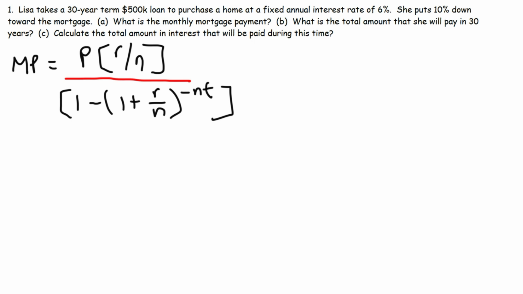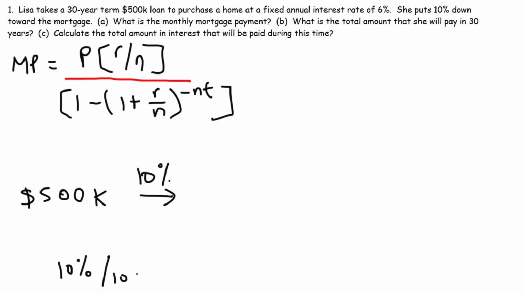Now, what is the principal? Normally the principal would be the 500K loan, but that's not going to be the starting balance because she puts 10% down. So first, we need to find out what is 10% of 500K. To find 10% of anything, simply move the decimal 1 unit to the left, or you could multiply 500K by 0.10. 10% as a decimal is 10 divided by 100, and that will give you 0.1 or 0.10.